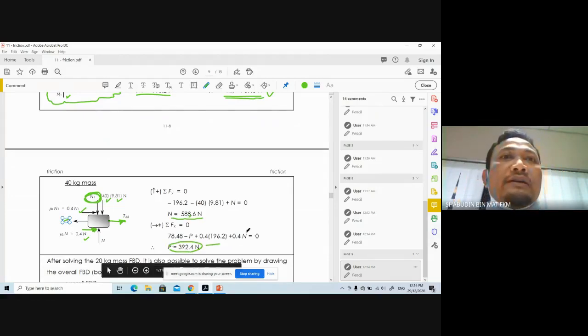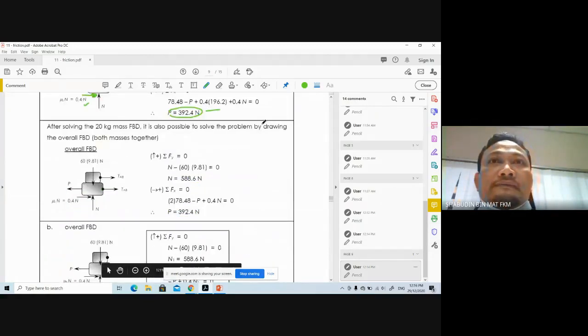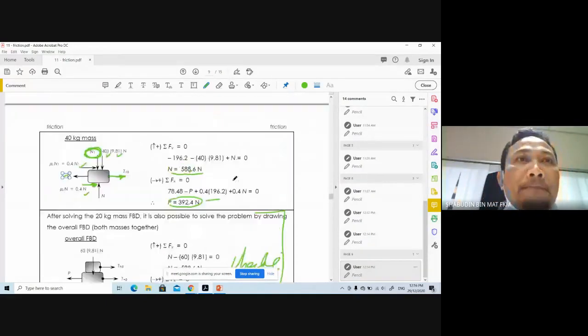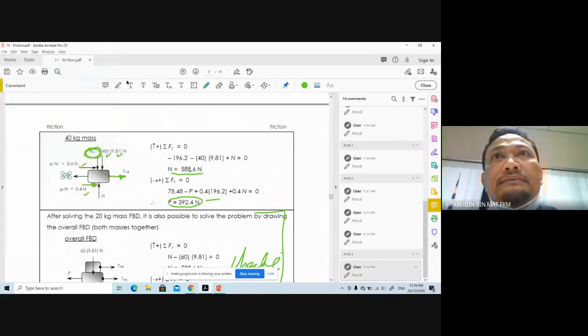And you can do a checking of it. This is checking. Do that at home. Be careful there. You have a frictional force also there.